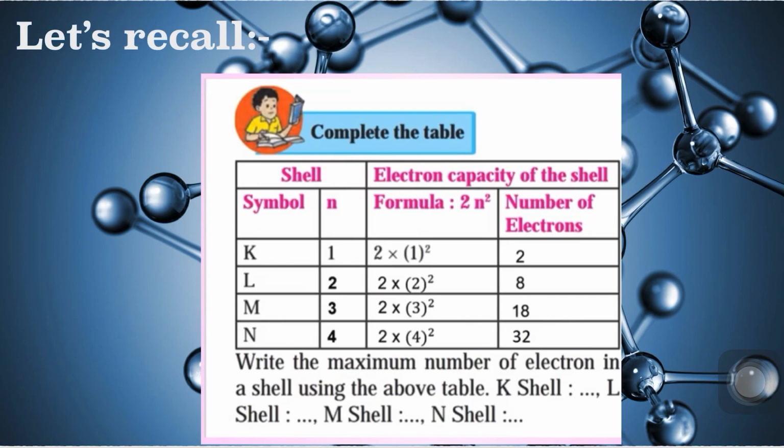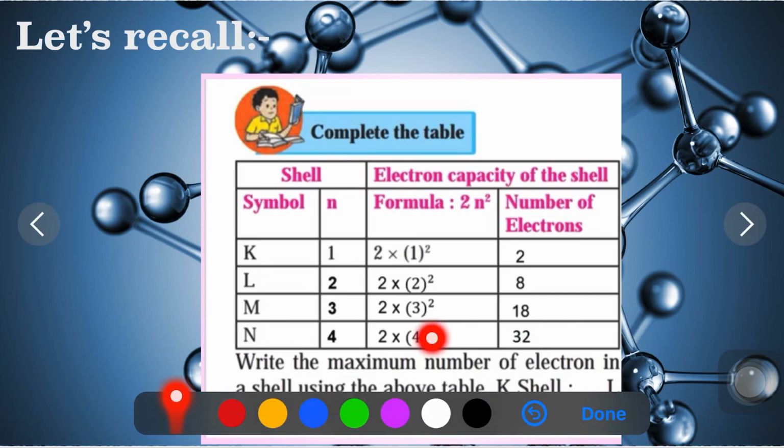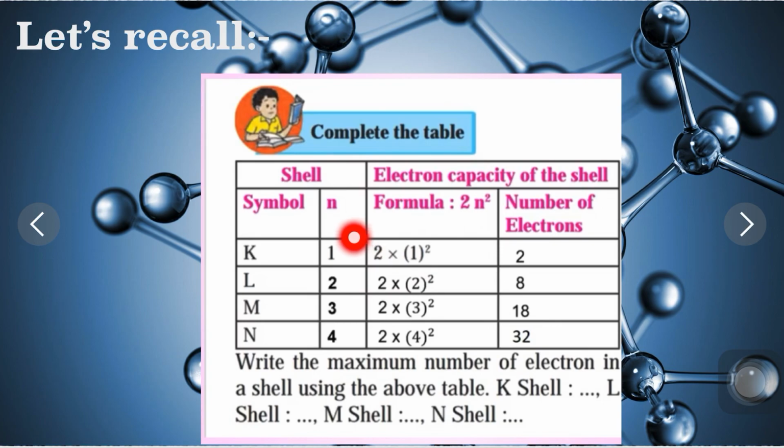Students, before starting with today's topic, let's have a look at what you learned in my previous video. You learned about the distribution of electrons, and based on this topic you completed one table. That table consists of a symbol, number of shell, formula and the number of electrons.